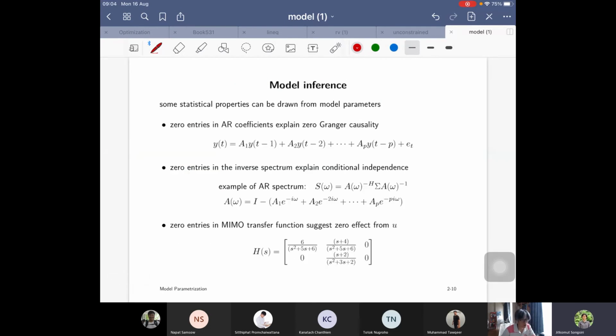For the last purpose, using the model, I would say that it varies from application to application. It varies from the point of view of where someone develops a model. These three bullets are examples that I think are easy to explain, and they come from my own research experience.